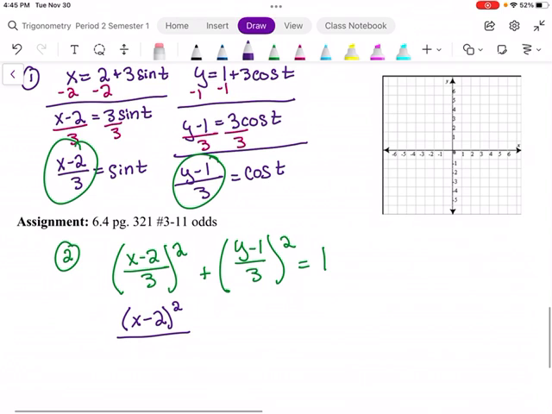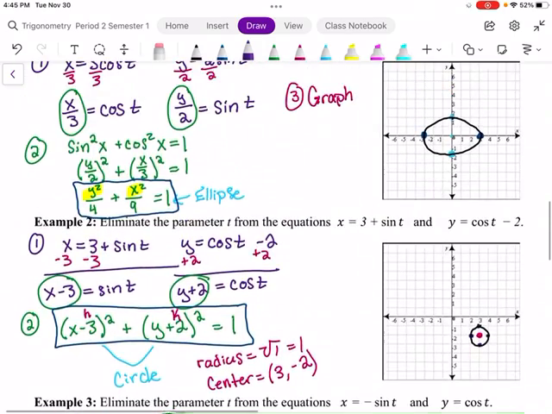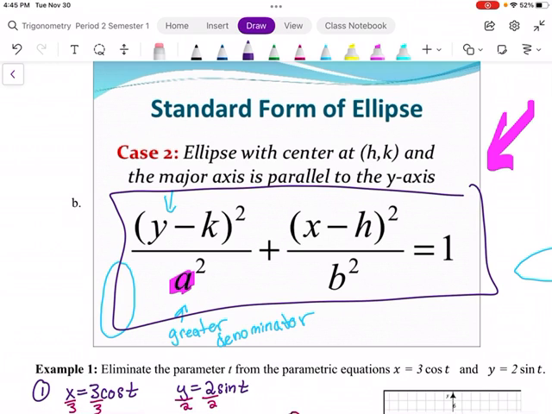When we do this, we are going to have an equation that looks like our ellipse again, where we're adding them and we have a square term on top and the bottom. Okay.